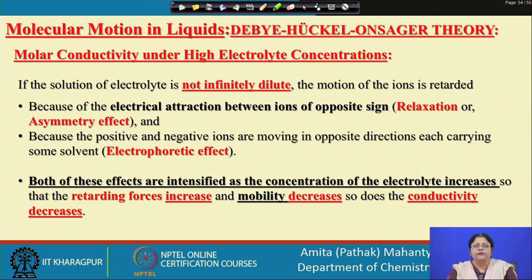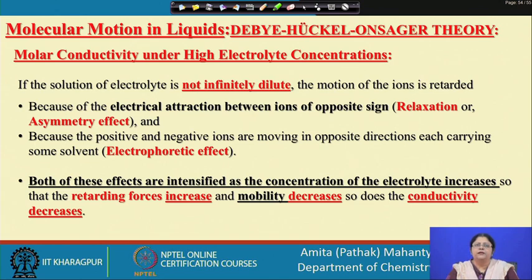They always tend to retard the motion of the ions. So these retarding forces increase with increased concentration, and if something is pulling you back with much more force, the mobility of the ions is obviously going to be affected and decrease. Mobility is directly related to conductivity, so the molar conductivity will decrease.